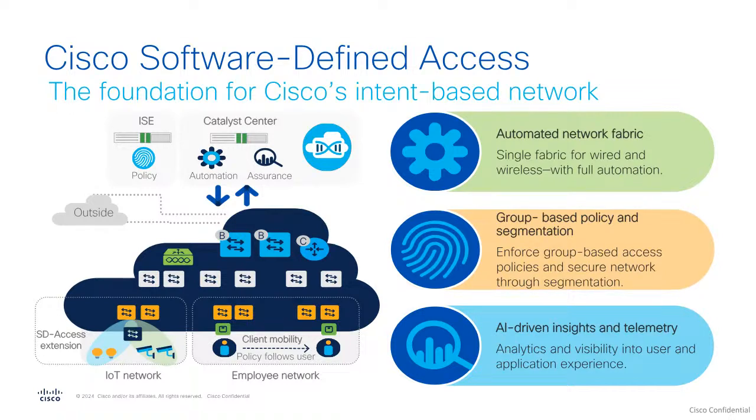Now, let's see how this SD Access Fabric can help us overcome the traditional network challenges, limitations, or issues that we just talked about in the last slide, such as the box-by-box automation, limited network visibility, and non-scalable segmentation approach. The first one listed here is the automated network fabric.